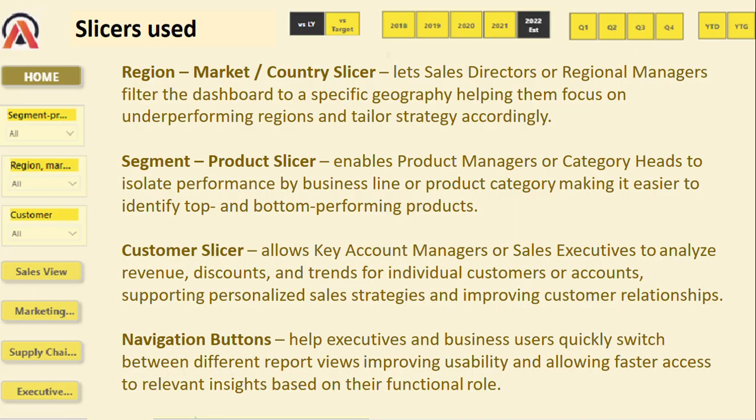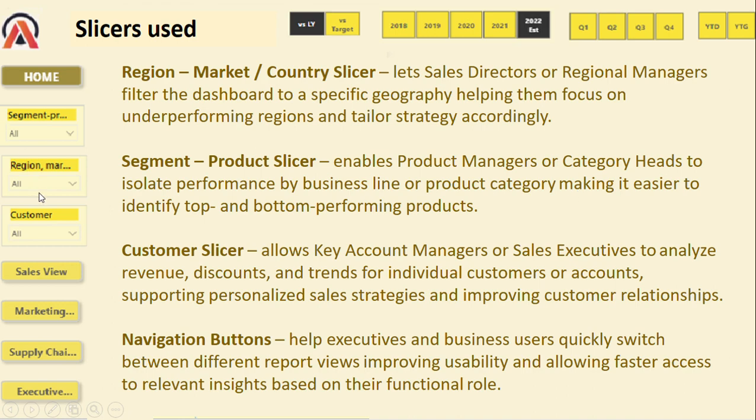And the slicers I have used: I have used the segment and product slicer in case the user wants to understand the product-level performance. It will help the product managers or category heads to look at that data.